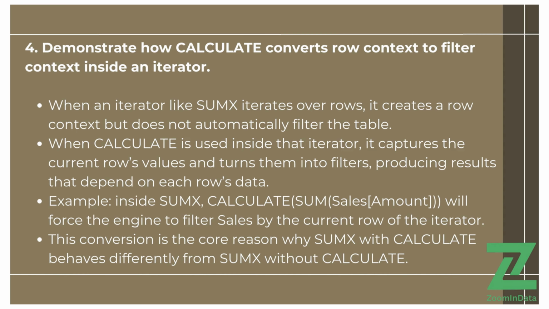Example: inside SUMX, CALCULATE SUM of Sales Amount will force the engine to filter sales by the current row of the iterator. This conversion is the core reason why SUMX with CALCULATE behaves differently from SUMX without CALCULATE.